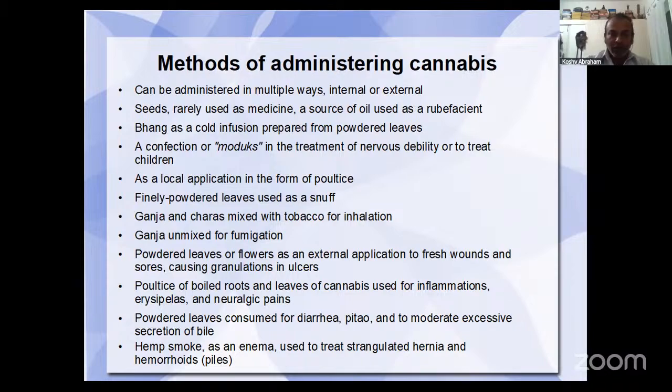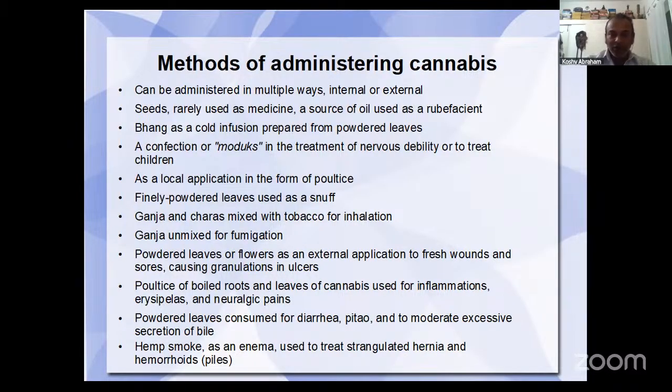For children especially, sweets or modaks were made to treat their diseases. We spoke about how it could be applied locally as a poultice. Finely powdered leaves of the cannabis plant were used as snuffs to inhale and to treat diseases of the head. Of course, ganja and charas were mixed with tobacco for inhalation.